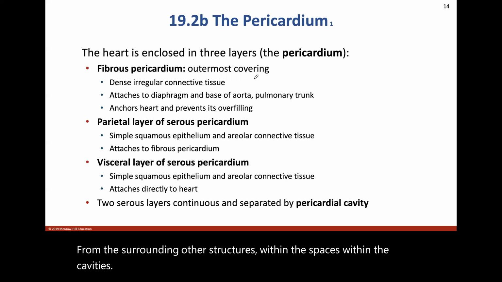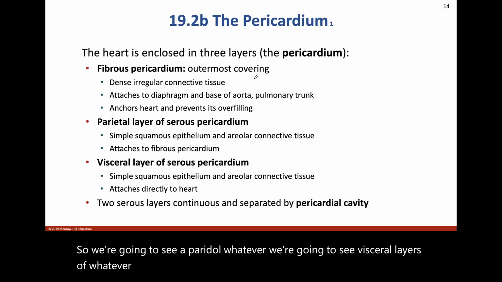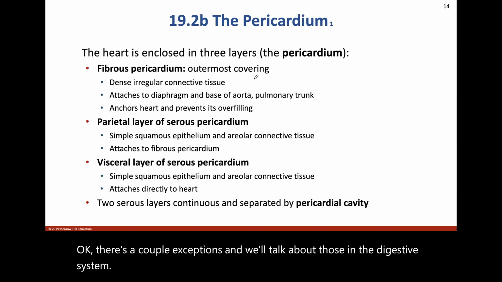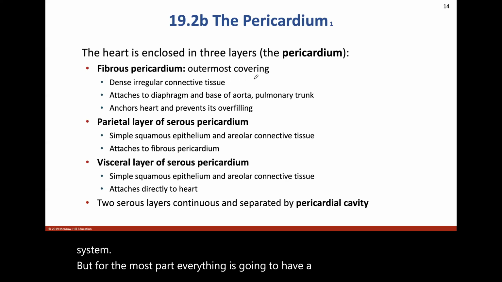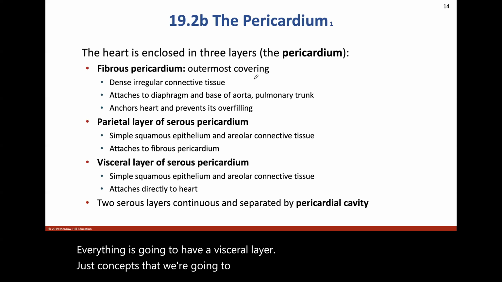So we're going to see a parietal whatever. We are going to see visceral layers of whatever from here on out. Okay. There's a couple of exceptions, and we'll talk about those in the digestive system. But for the most part, everything's going to have a parietal layer. Everything's going to have a visceral layer. Okay. So these are just concepts that we're going to see from here on out in pretty much everything.